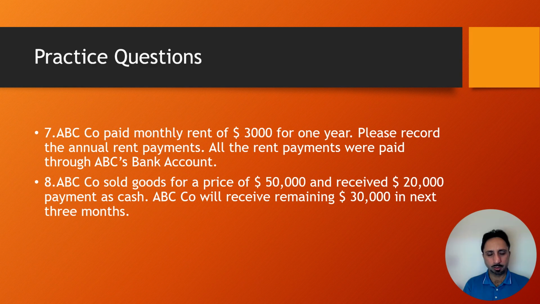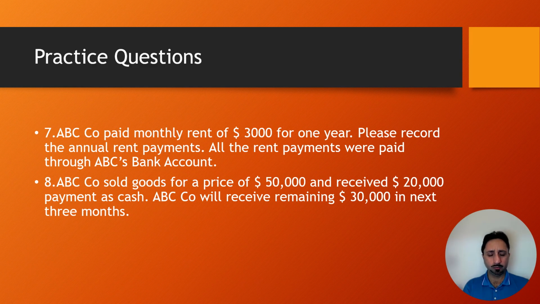Question number 8. ABC Corporation sold goods for a price of 50,000 and received 20,000 payment as cash. ABC Corporation will receive remaining 30,000 in next 3 months. Now this is tricky because when the goods are sold, then it means there is increase in revenue, and when there is increase in revenue, it has to be credited. And then when you sell something, you receive some payment, so 20,000 received as cash, so it will be debited because that's increase in the value of assets named cash.